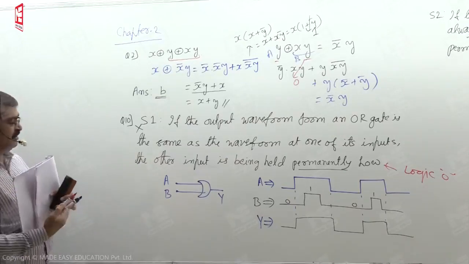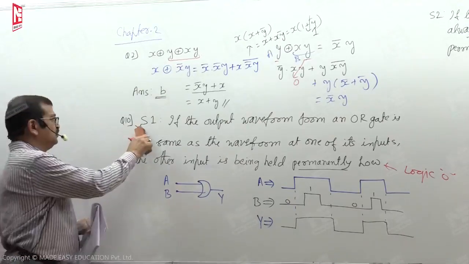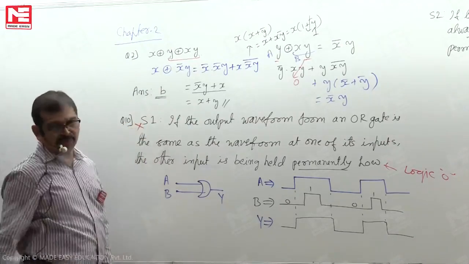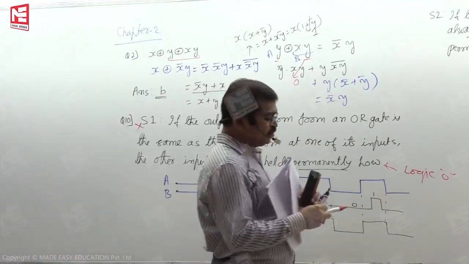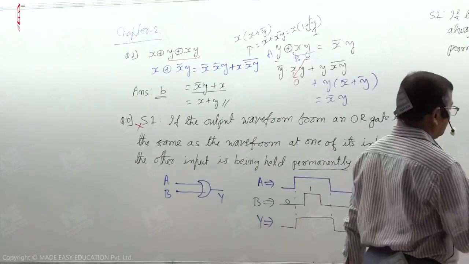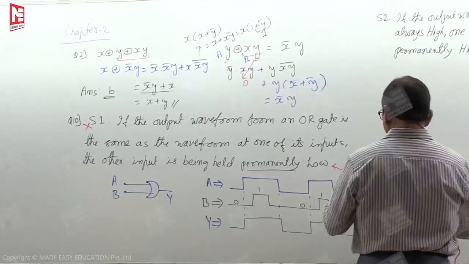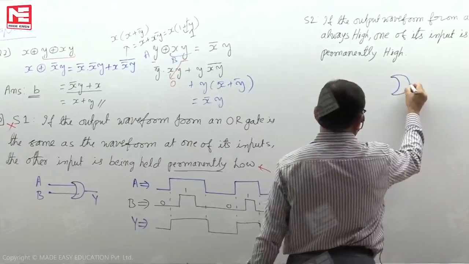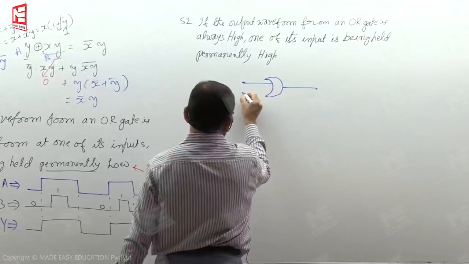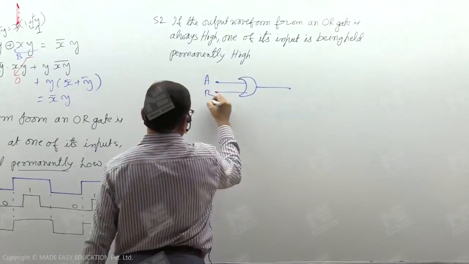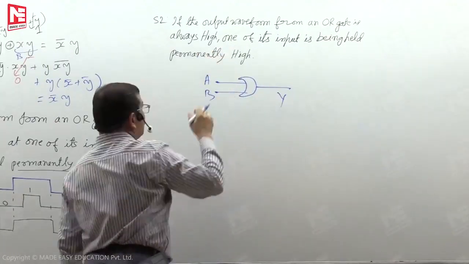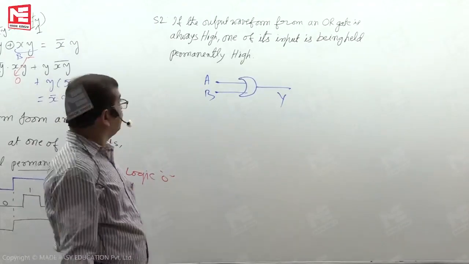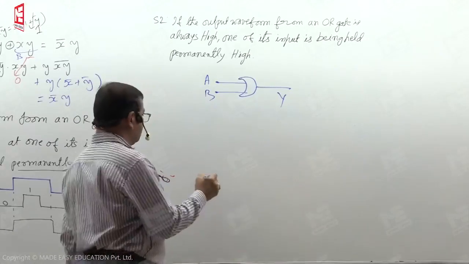Similarly, we have to check statement 2. Statement 2 is also on a 2 input OR gate. What we are looking at is: if the output waveform of an OR gate is always high, one of its inputs is being permanently high.